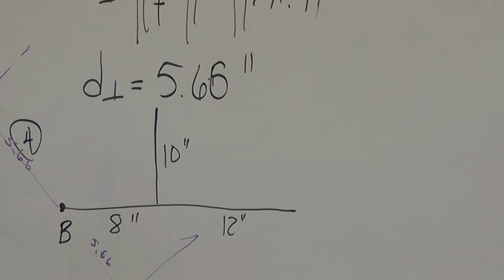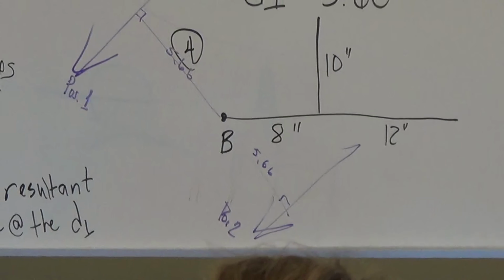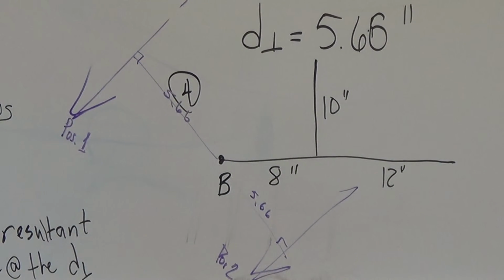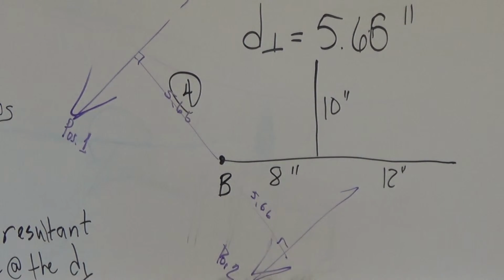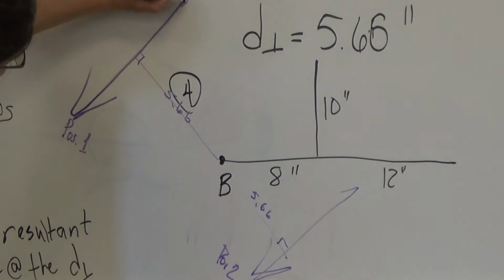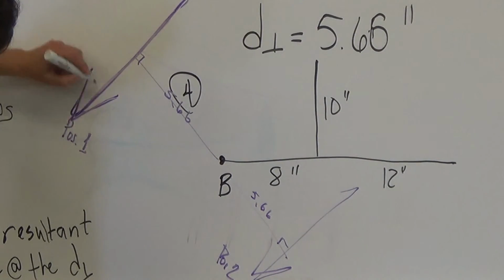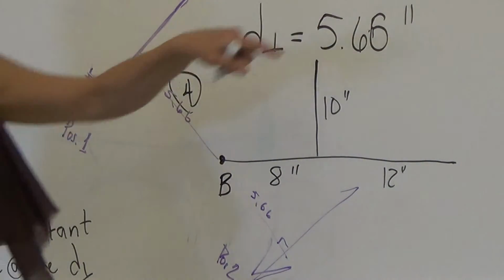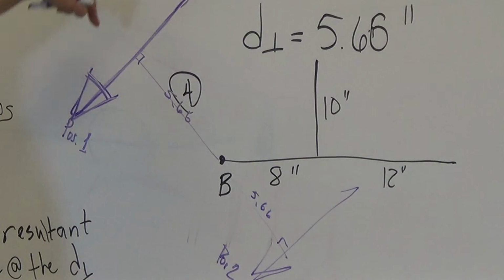How do you determine which position it is? It's gotta be positive and negative. You gotta reuse your right-hand rule. So your moment is positive, right? In order for this to create a positive moment, which one is it? Position 1. So it's gotta be here. We know the force goes down to the left, so it's going this way.